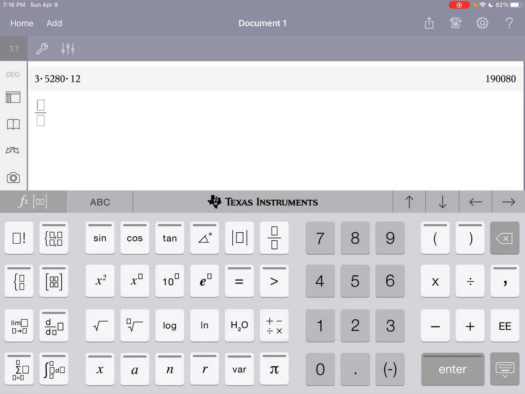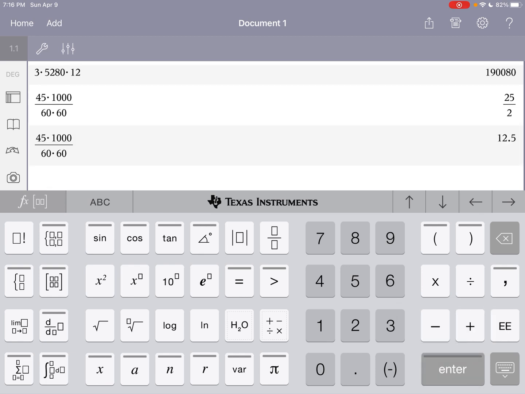So I'm going to start with my fraction button. I'm going to do 45 times 1,000. In the denominator, I have 60 times 60. I press enter. It gives me 25 over 2. I can also change that to a decimal. We need to make sure we know the fraction answer as well as the decimal answer. So if I change it to a decimal, I just hit Control Enter and I get 12.5.